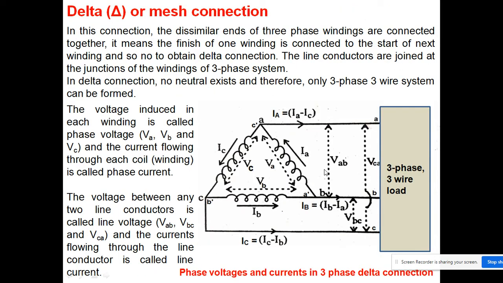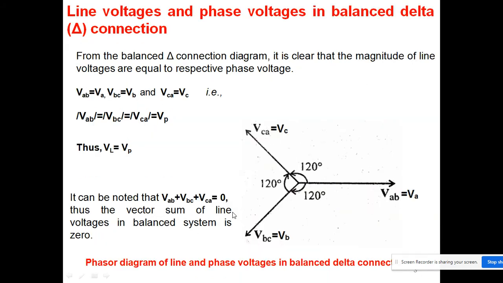You can see VAB, the line voltage between lines A and B, is equal to the phase voltage of winding A. Similarly, the line voltage between lines A and C is equal to the phase voltage of coil C. And here you can also see the line voltage is equal to the phase voltage of winding B. So it is very clear from this phasor diagram.